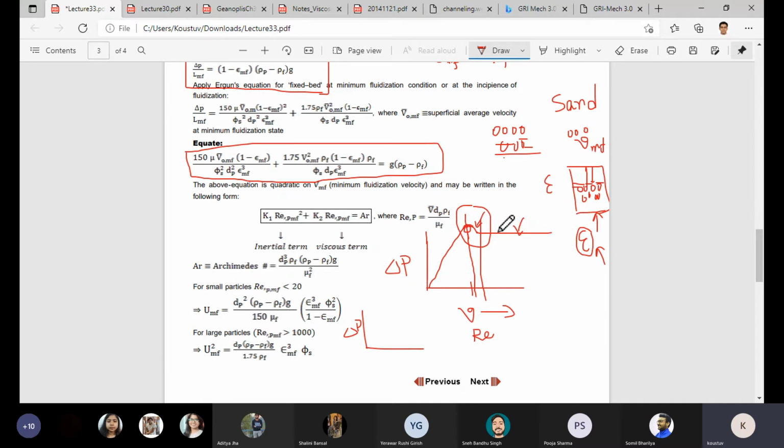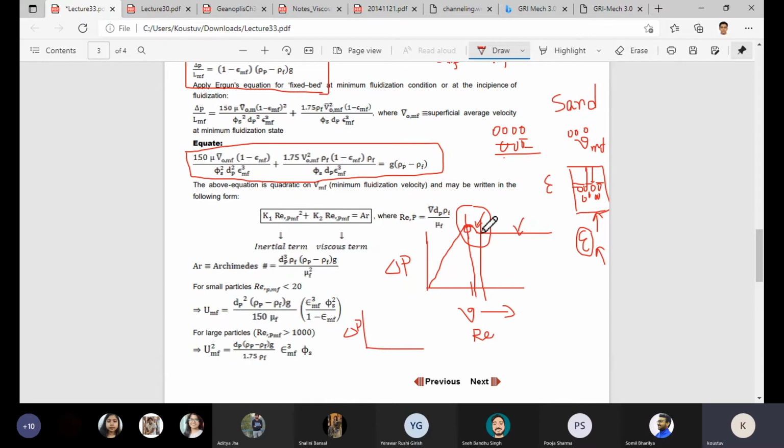After a few layers, after a little increase in V, the others also start to move. During that time, what is happening? More of the voids are coming at an instant, more of the void volumes are exposed. So that causes a little dent in the delta P. And after that, once all the beds are fluidized, it is more or less uniform.